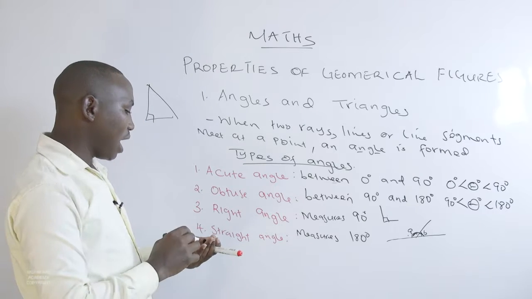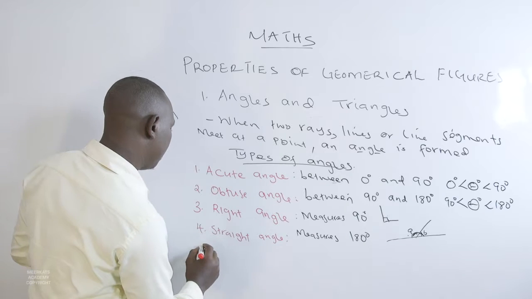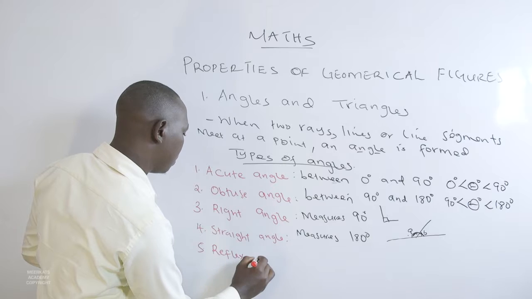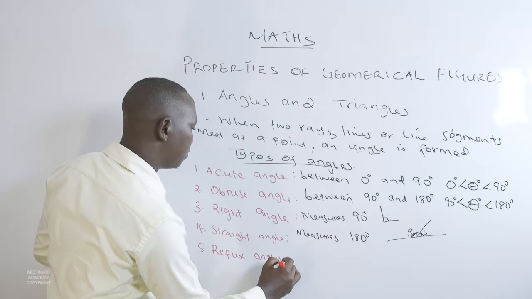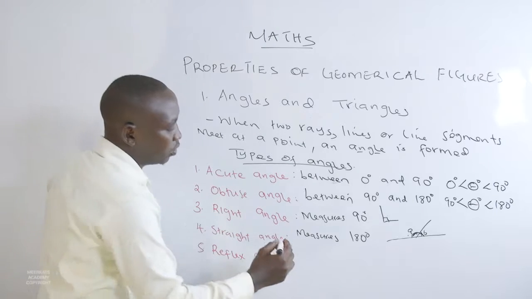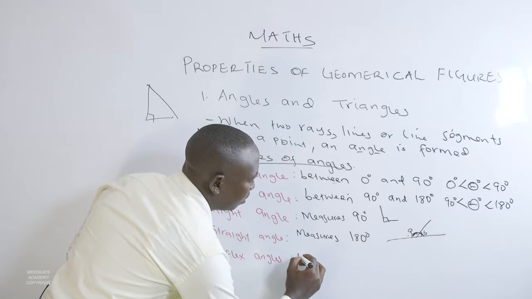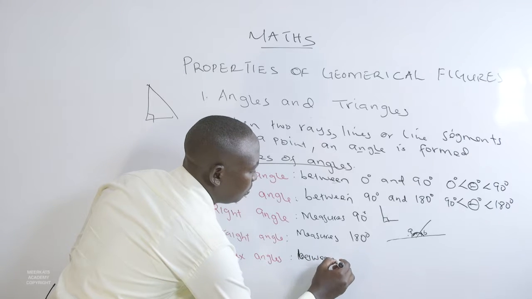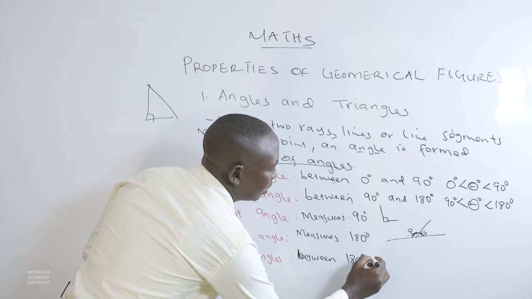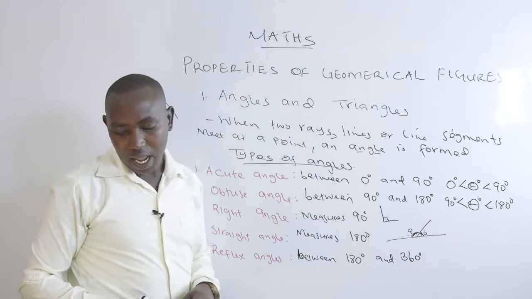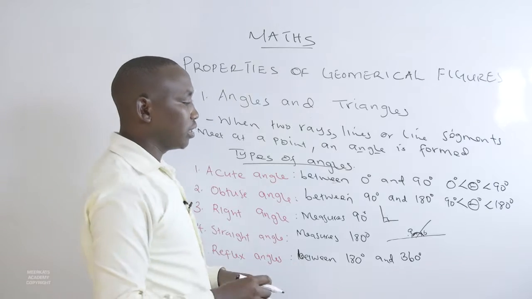We have a reflex angle. Now, a reflex angle measures between 180 degrees and 360 degrees.